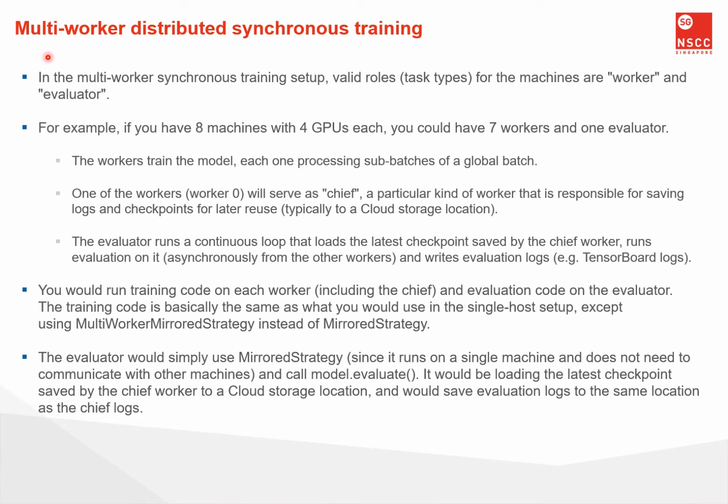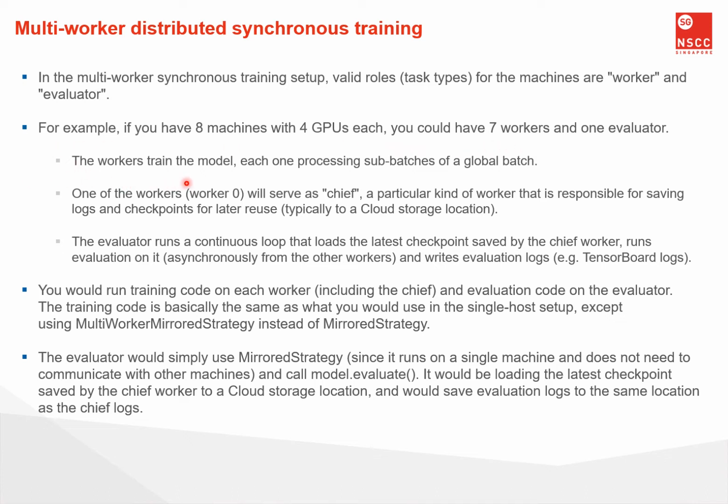In the case of a multi-worker synchronous training setup, we need to assign different roles to the machines, as workers or evaluators. For example, if you have 8 machines with 4 GPUs each, you will have 7 workers and 1 evaluator. The workers are the ones that train the model, each processing sub-batches of the global batch.